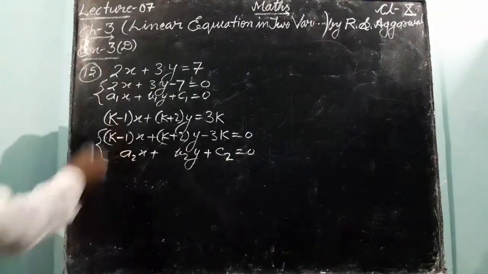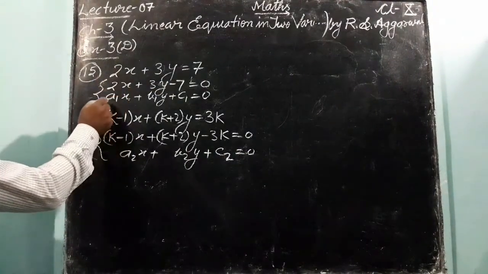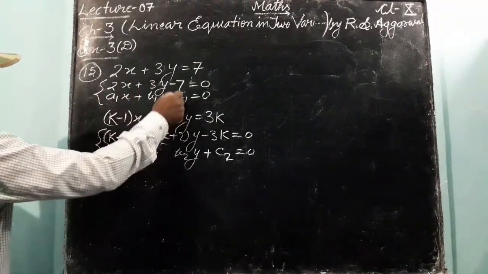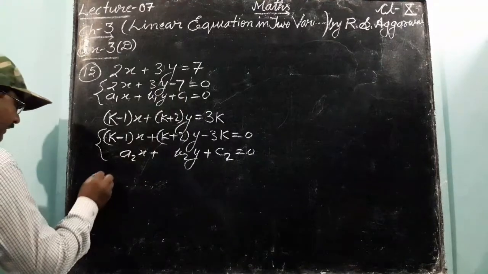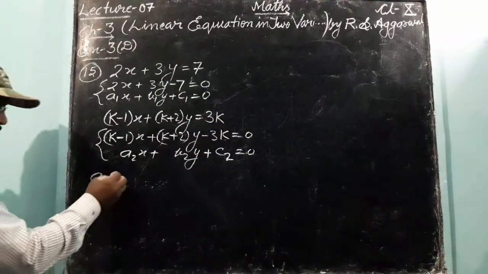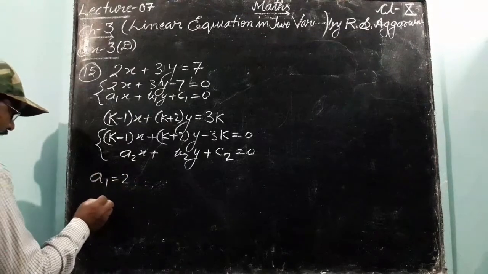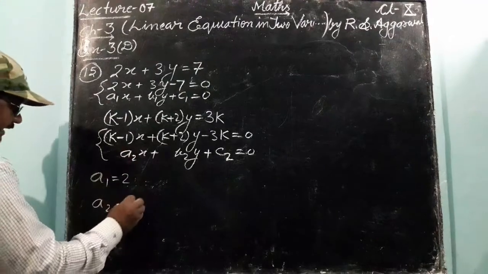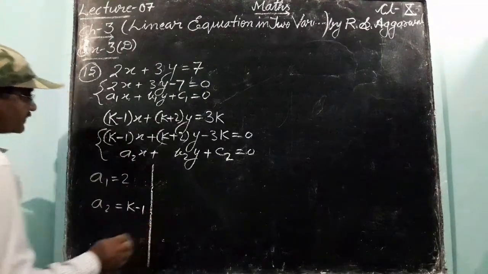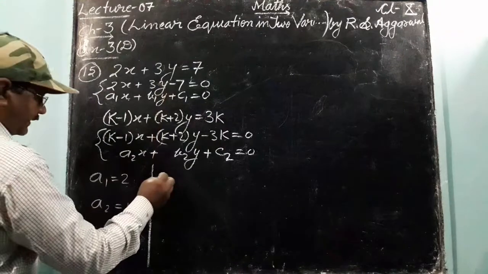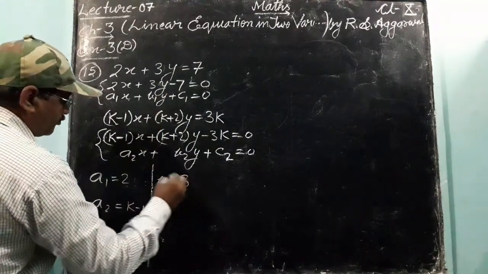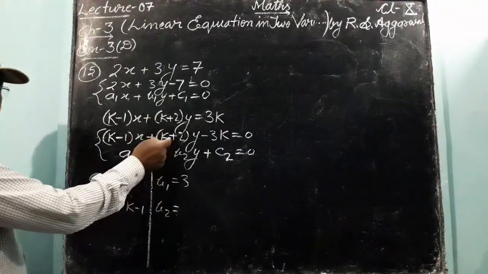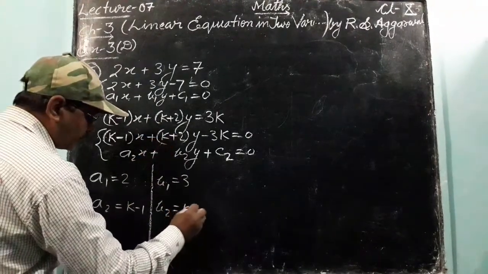On comparing, you will find a1 is equal to 2, b1 is equal to 3, c1 is equal to minus 7. So you write here a1 is equal to 2, a2 is equal to k minus 1, b1 is equal to 3 and b2 is equal to k plus 2.